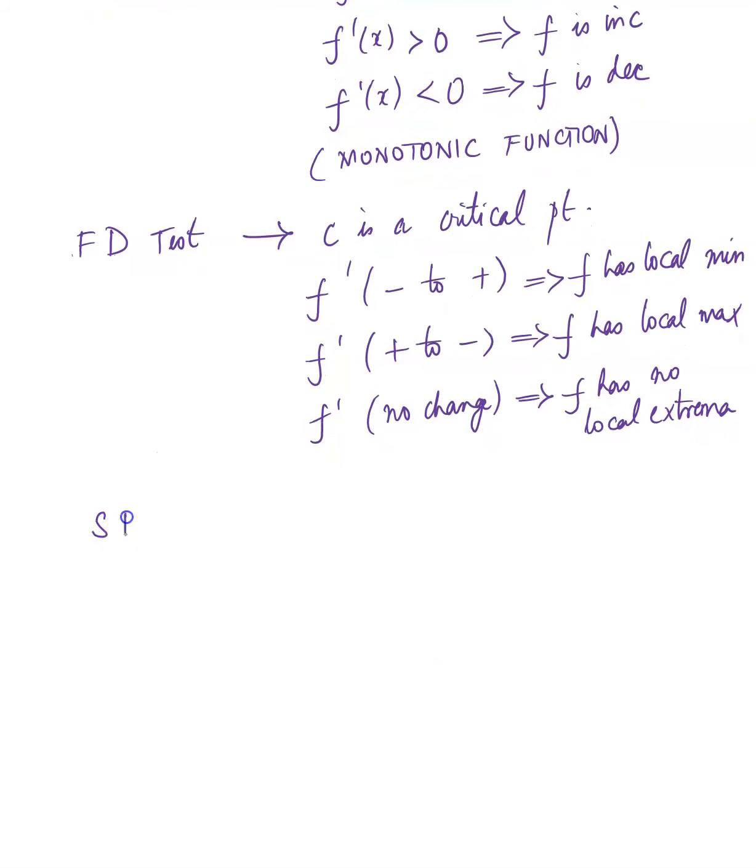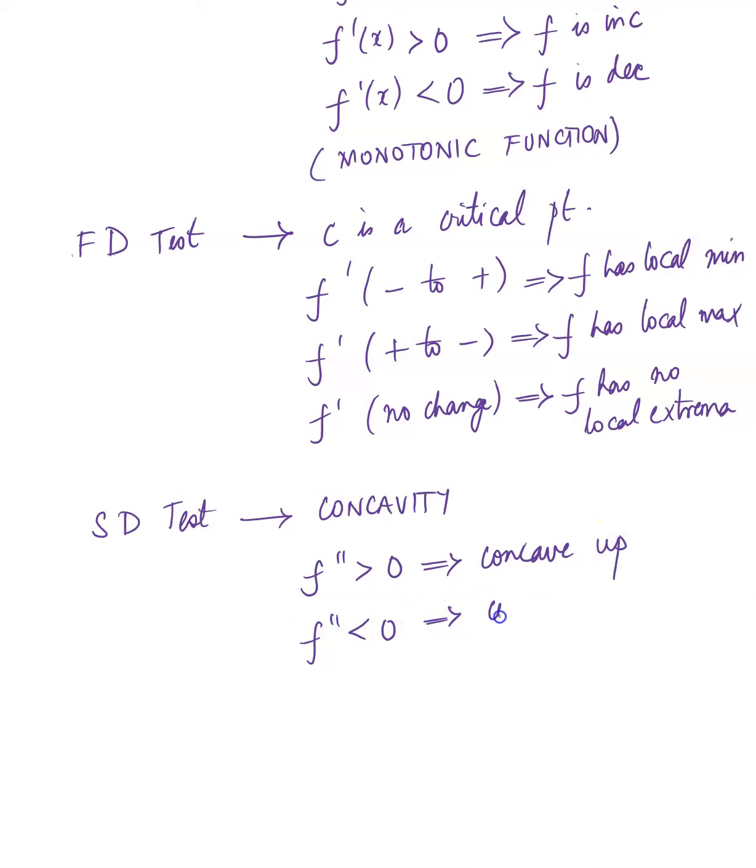For the second derivative test, we have two things: the second derivative test for concavity and one for local extrema. The one for concavity said if f double prime is positive, it's concave up, and if negative, concave down.